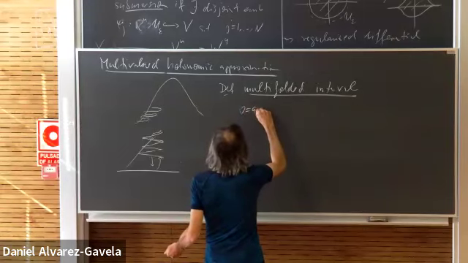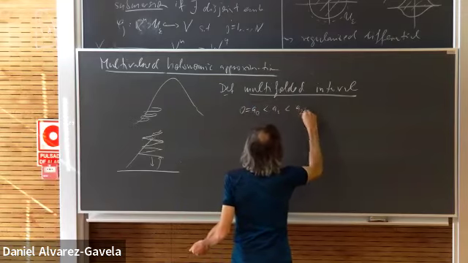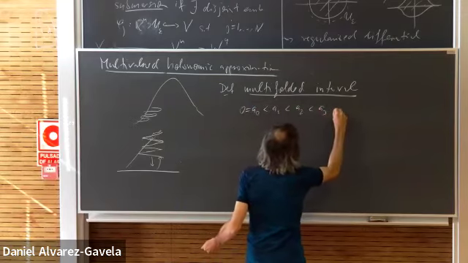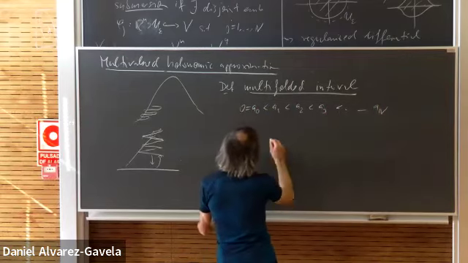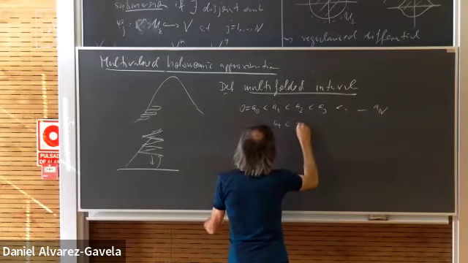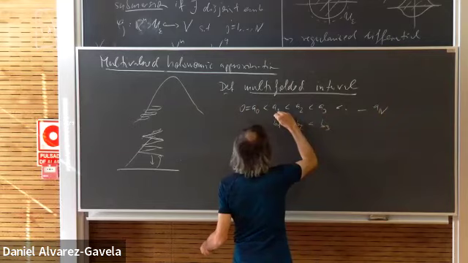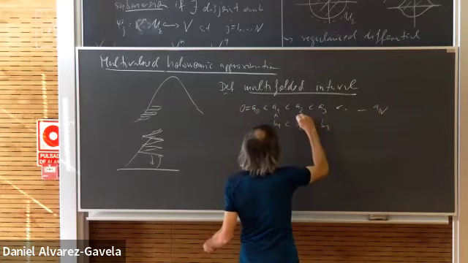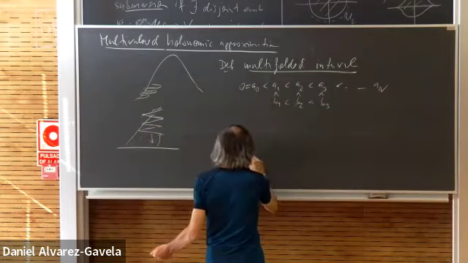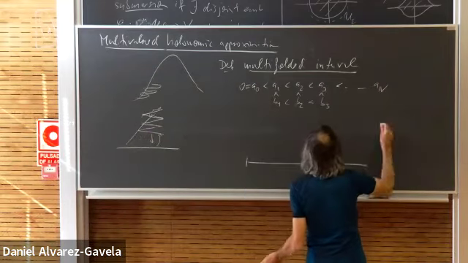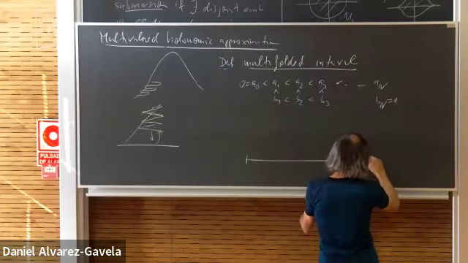We start with 0, A1, A2, A3, up to some AN. We pick another sequence of numbers, B1, B2, B3, which are bigger than these ones. So we're organizing them like this. I'll draw the interval, and let's say the last one, Bn, is equal to 1.